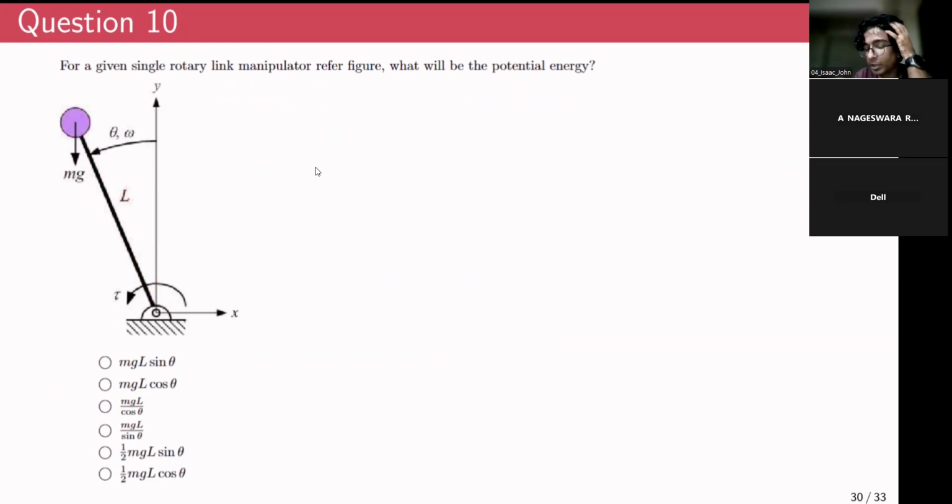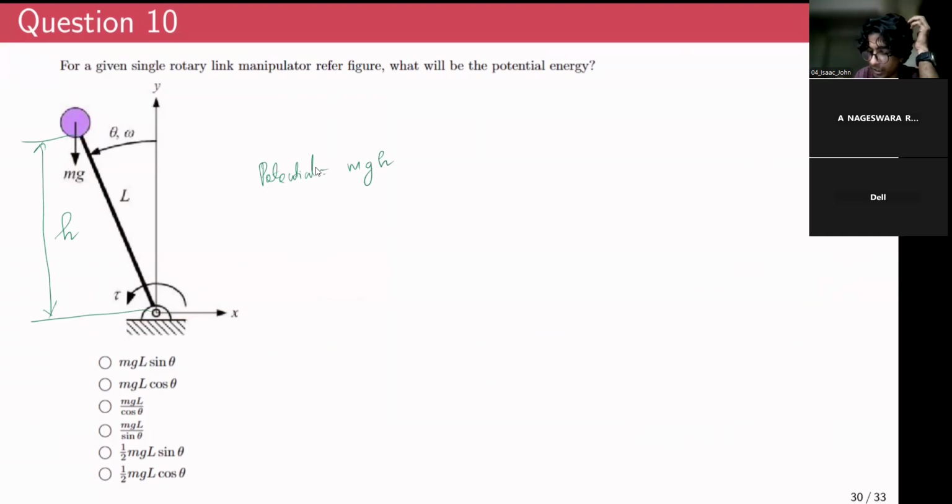So how do you define the potential energy? If you consider this x-axis to be the datum, the mass is actually at a height of h units. So this potential energy is nothing but mg multiplied by h.